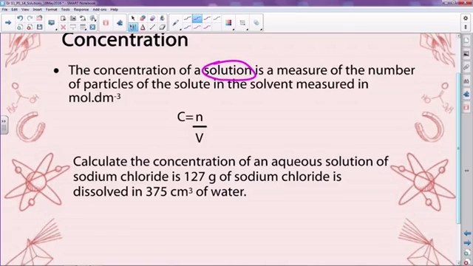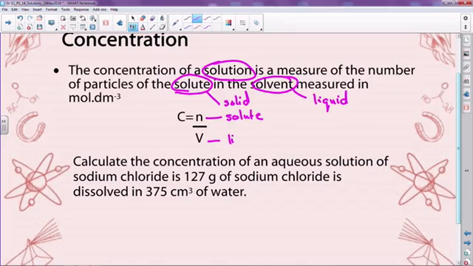The solute is your solid that's going to dissolve, and the solvent is your liquid. The solute is going to give us our moles, and the volume is determined by the amount of liquid that we use.